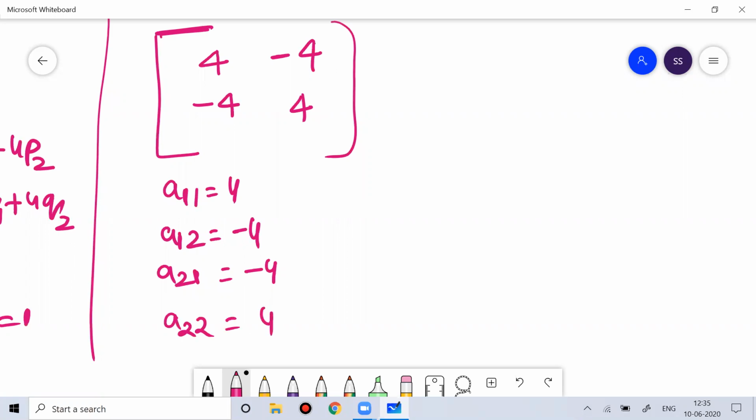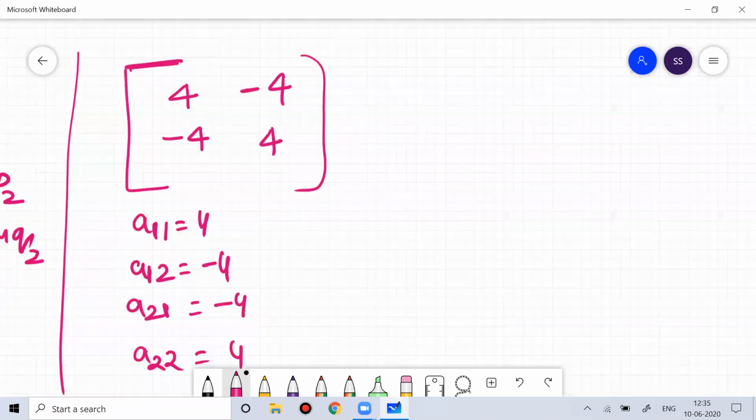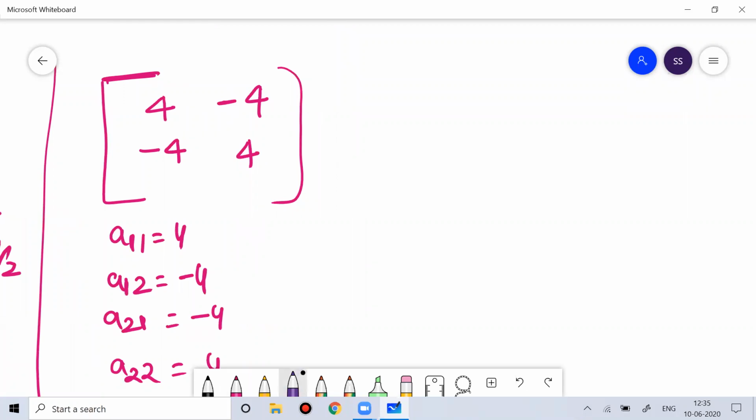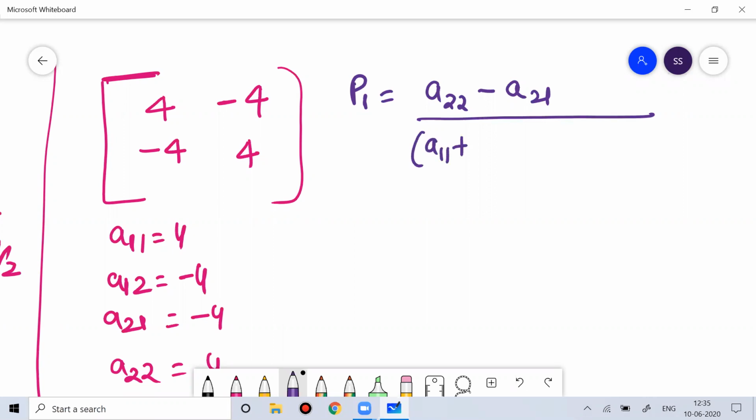Now I can find the value of P1. The formula of P1 is A22 minus A21 divided by A11 plus A22 minus A12 plus A21. So I can use this formula.